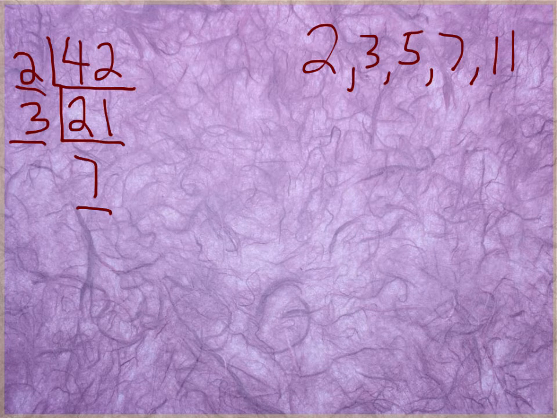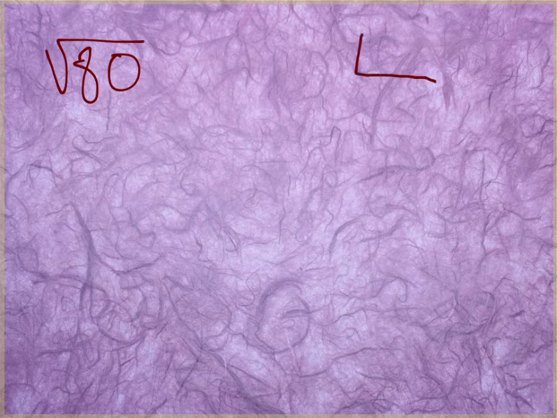But let's look at a number that has duplicates to it. Let's look at square root of 80. Let's do our prime factorization. Now, I like doing this because I always used to call it upside down division.